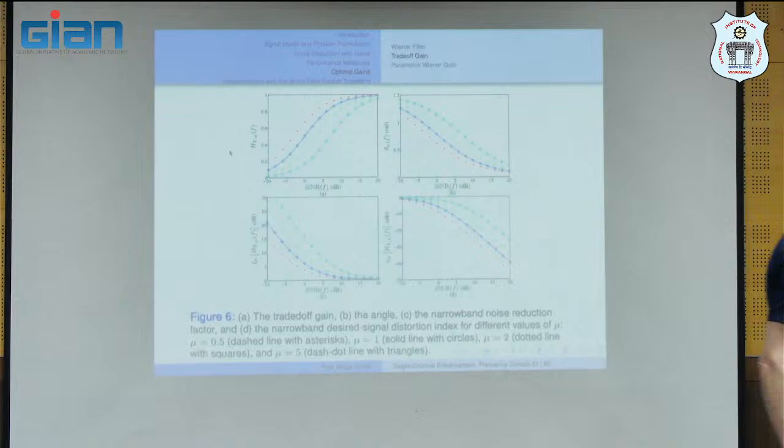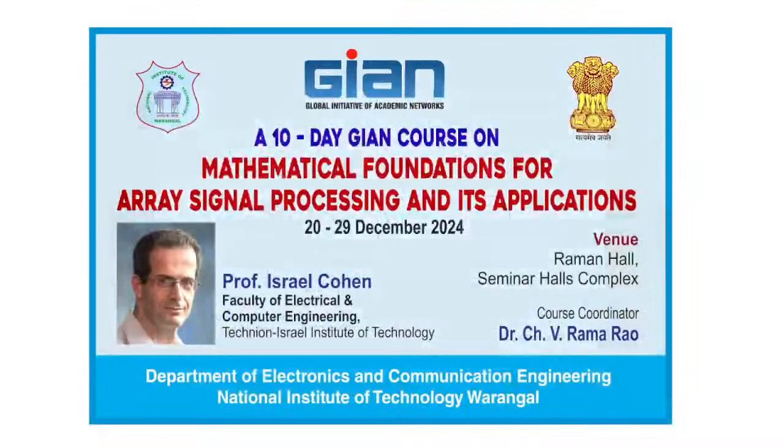The gain, what happens with the gain? When we increase mu, the gain decreases. Because when the gain decreases, it means that we suppress more noise for each frequency. If we suppress more noise, it also affects the distortion. And this is theta.